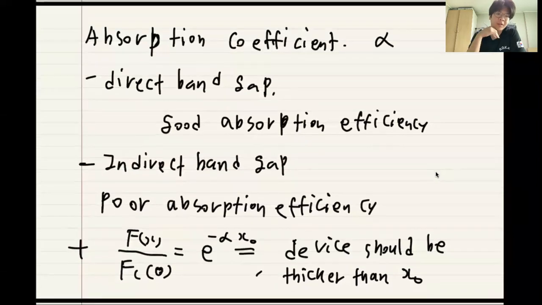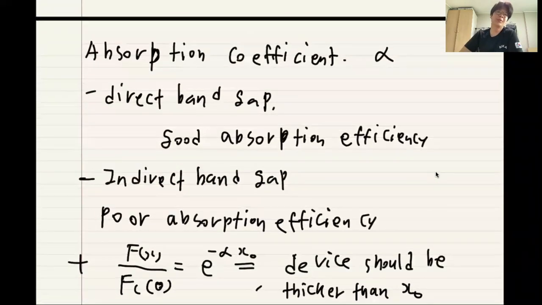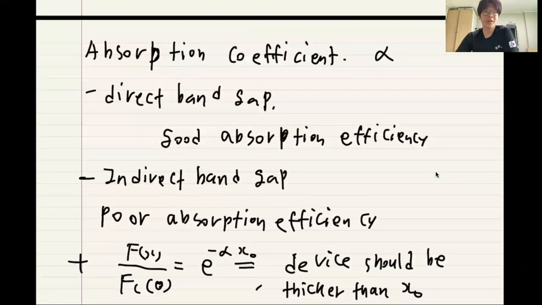And let's talk about alpha, the absorption coefficient. To make absorption efficient, we want the material to be direct band gap.